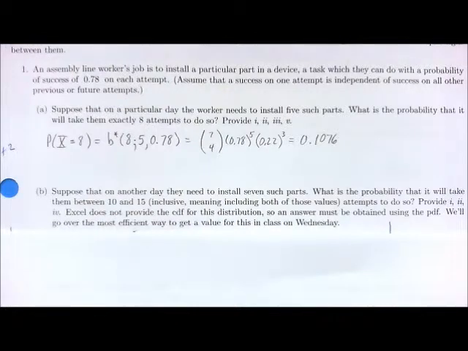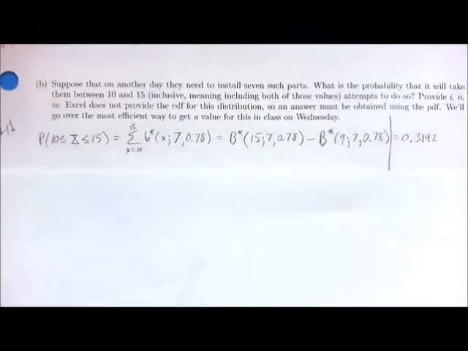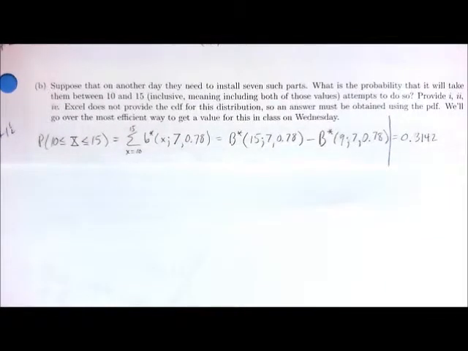So again, it's negative binomial. The difference here is that we're looking for a range of values, and here is the expression. You can see the first piece there is our probability statement, followed by a summation that would give us the desired probability, and the same probability expressed in terms of the cumulative distribution.